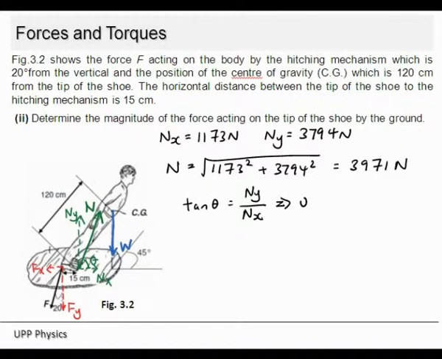Therefore, theta is the inverse tangent of this ratio Ny versus Nx. So this is just an extra piece of information given to you in case you're asked for the direction of this contact force. Well, that's it for this question, and I hope this question has enhanced your understanding of forces and torque. Thank you.